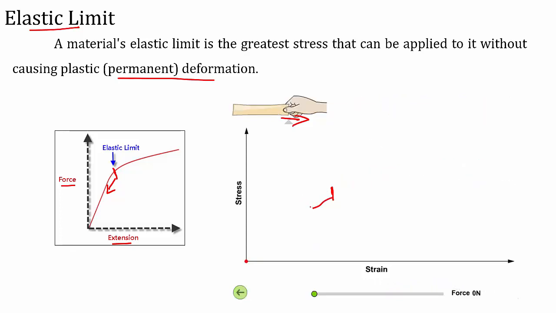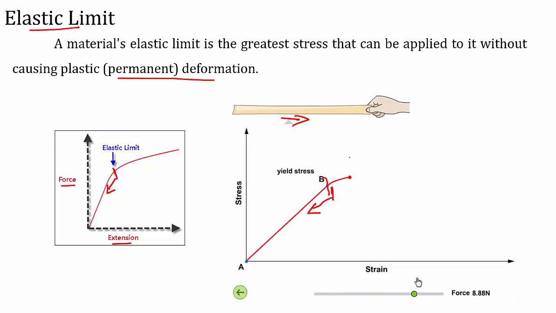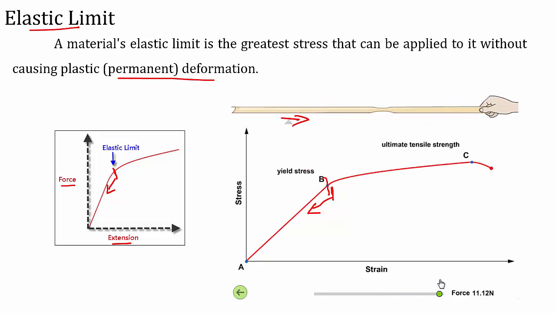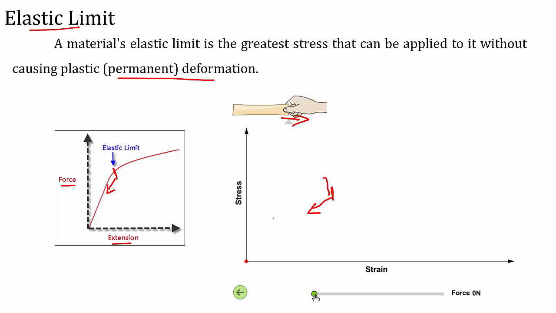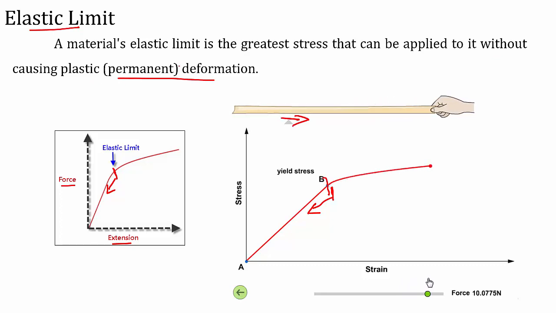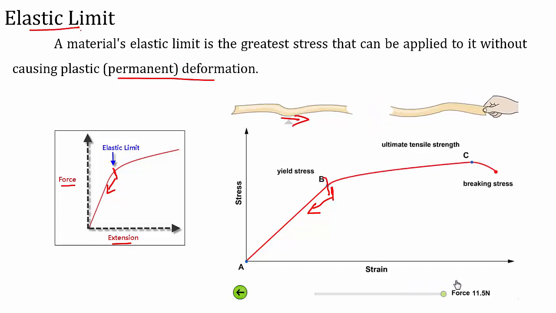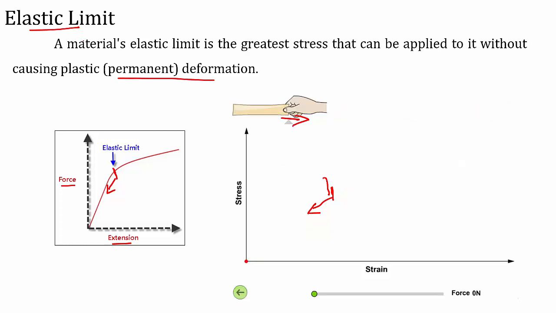So before this the material will behave like an elastic, which means up to this point, if you remove the load, then the material will come to its original shape. So that is the maximum limit. You can see that. So it is the greatest stress that can be applied to it without causing permanent deformation. So up to the elastic limit the material will come to its original shape after the load is removed. So that is the elastic limit.